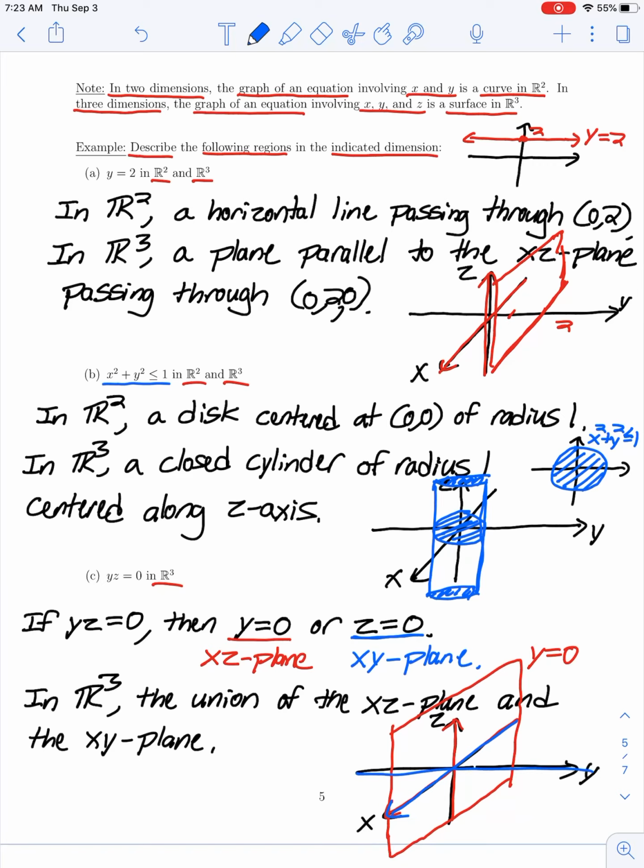So taking together all of the xy plane, we would have the union of those two planes as the surface which is satisfied by this equation in space.